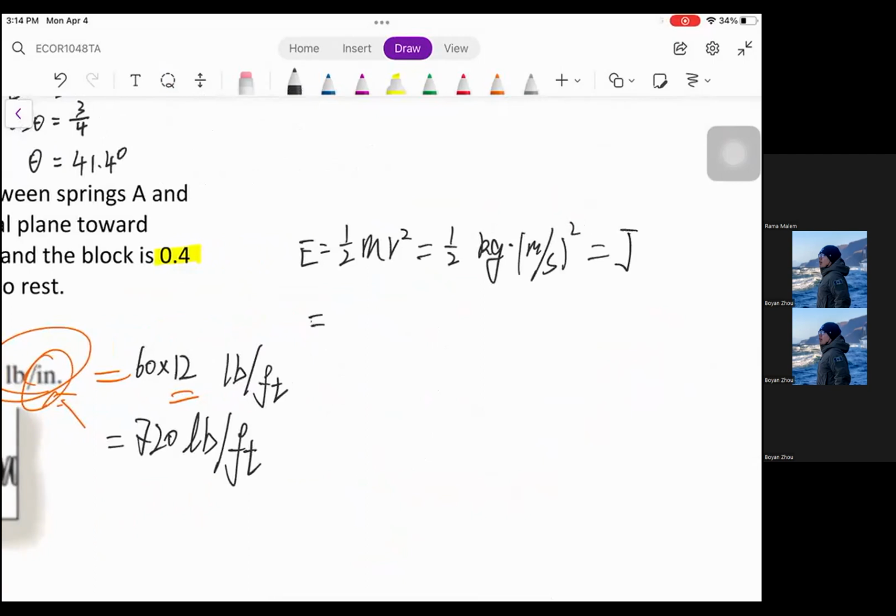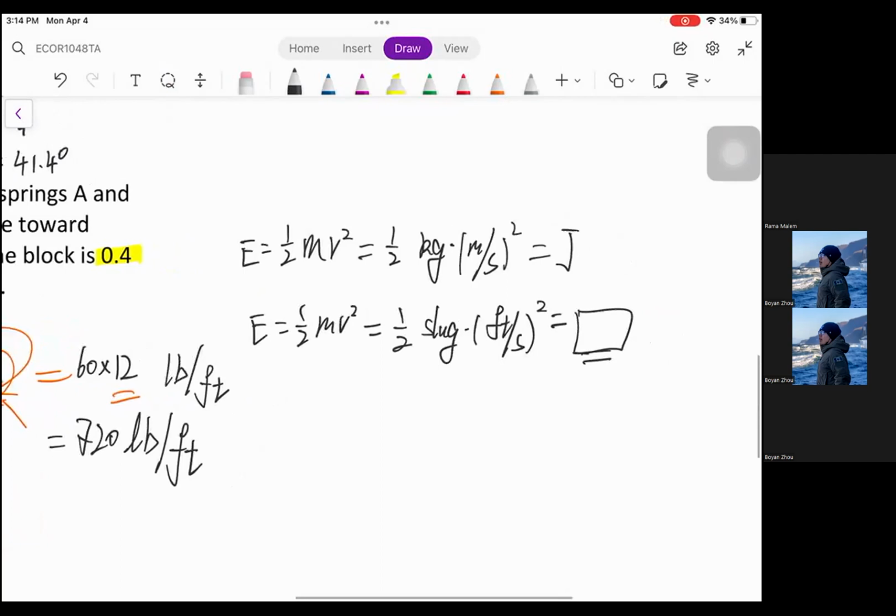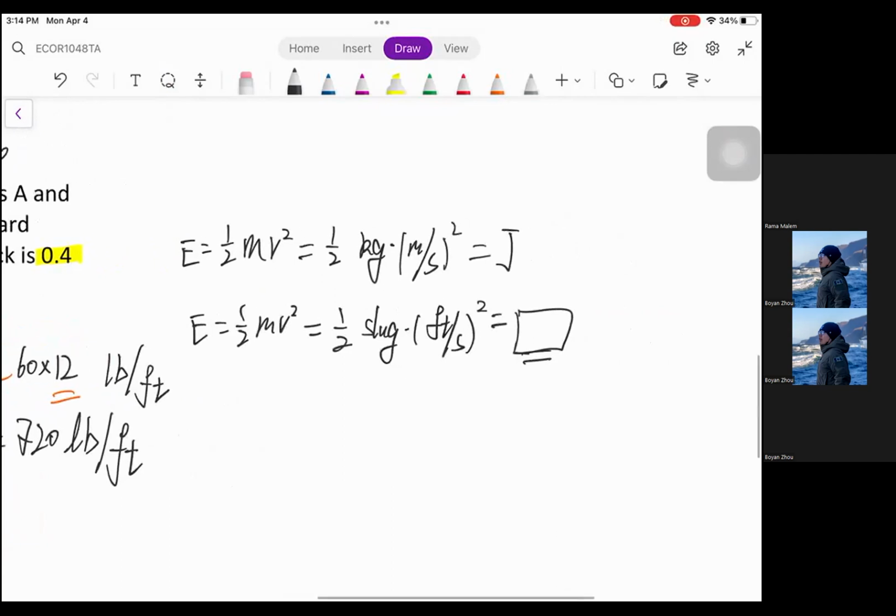But in empirical units, the mass we want to use is pounds, and the velocity we want to use is feet per second. The final number's unit is not joule, it's some mystery empirical unit. I'm not sure if it's BTU or pound-force something, but you just need to know it's not joules.